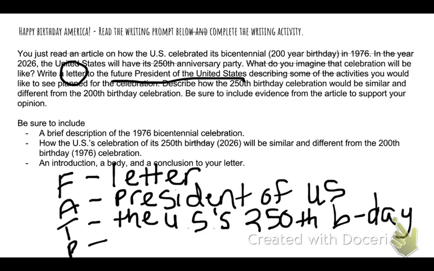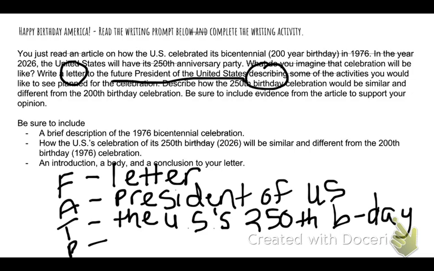Okay? My purpose. Am I entertaining? Am I informing? Or am I persuading? This one is a little difficult. So I'm trying to give good ideas to the president, and I want him to have my ideas and use them. And I'm also describing some of the activities that I want to see planned. And when you describe, you're informing.